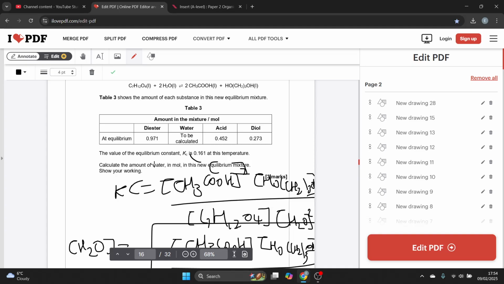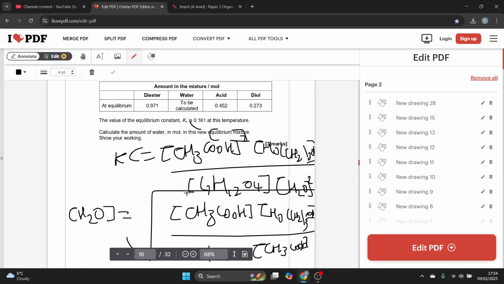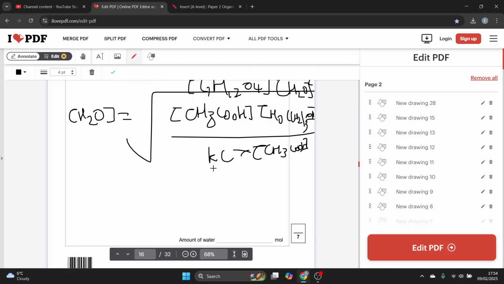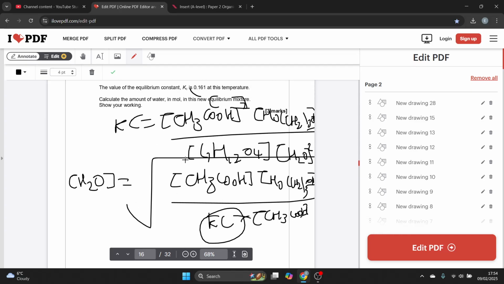Sometimes in a question they'll give you the volume, and most students would just assume they cancel out, but in reality they won't, because Kc is here. So you do have to include the volume. But in this case, there is no volume. It didn't give us any volume, so it's fine.